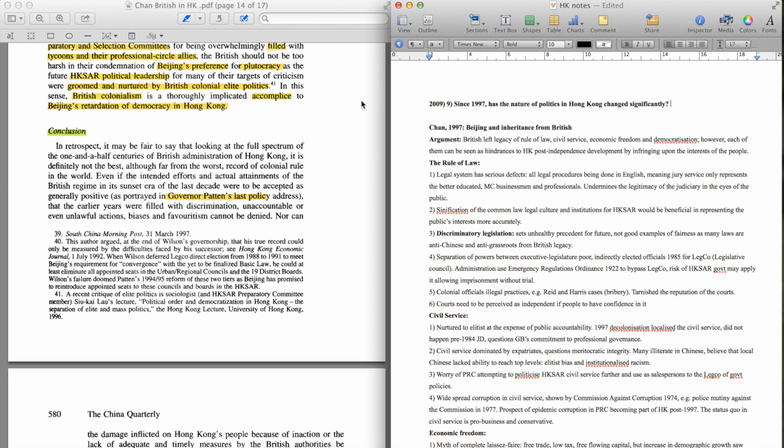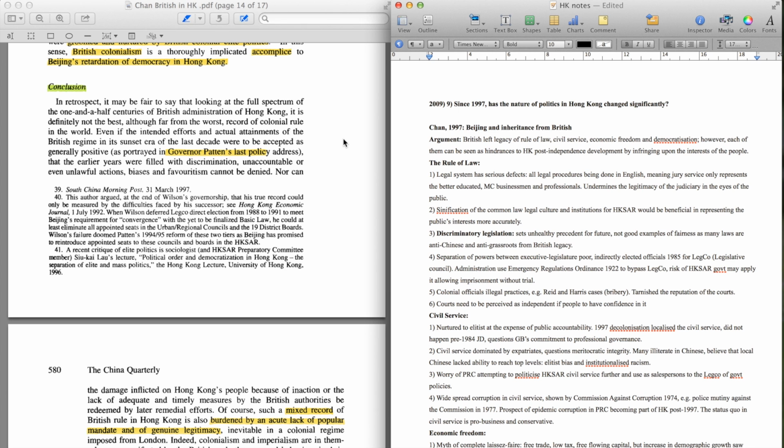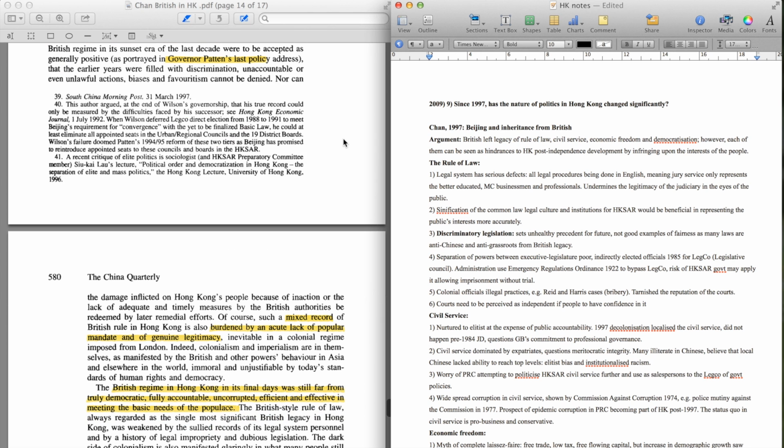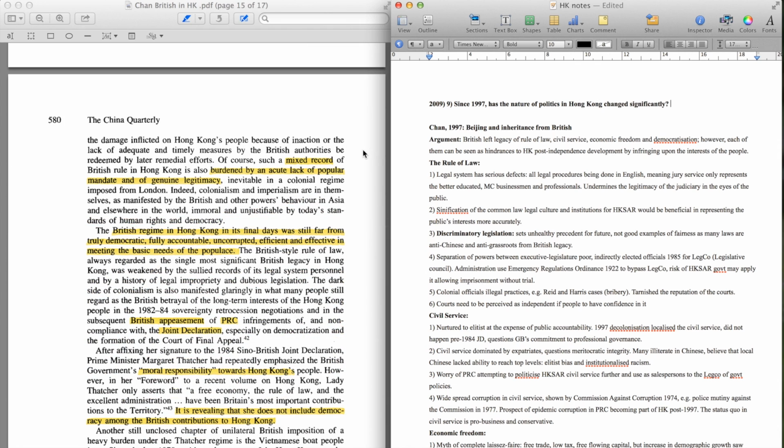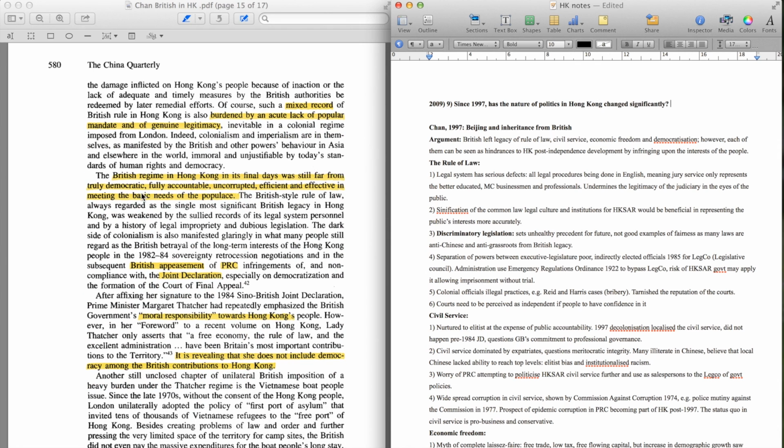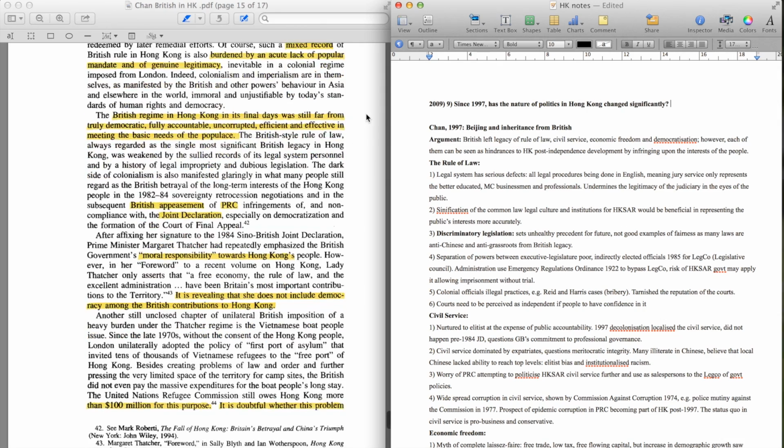Now, if you read the conclusion of this article, you will discover that actually the nature of politics in Hong Kong was not as great as is implied by the introduction. The British didn't set up a completely clean and efficient and uncorrupt form of government in Hong Kong. In fact, the four different areas that it said it was going to explore, the rule of law, the civil service, the economic freedom, and the democratization, it turns out that they were all, in some ways, as I've highlighted here, not fully accountable, corrupt, and not very efficient.